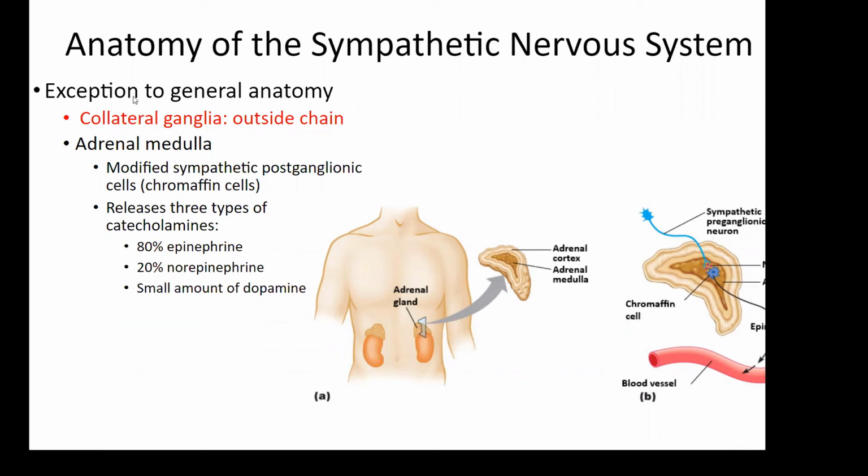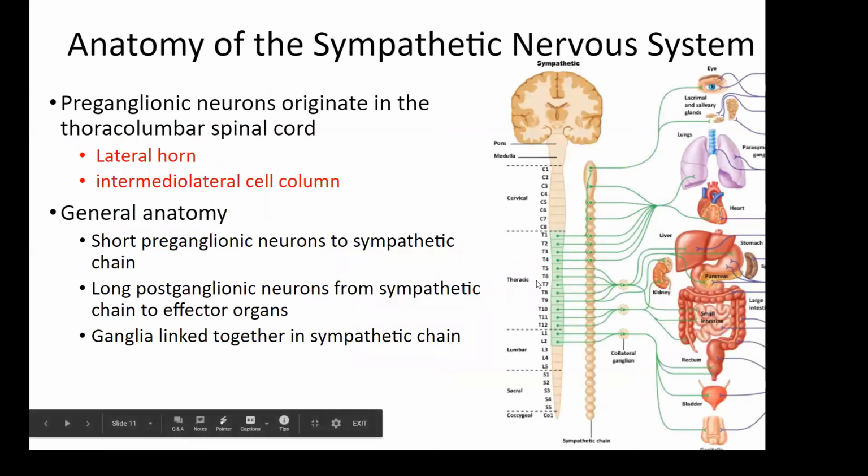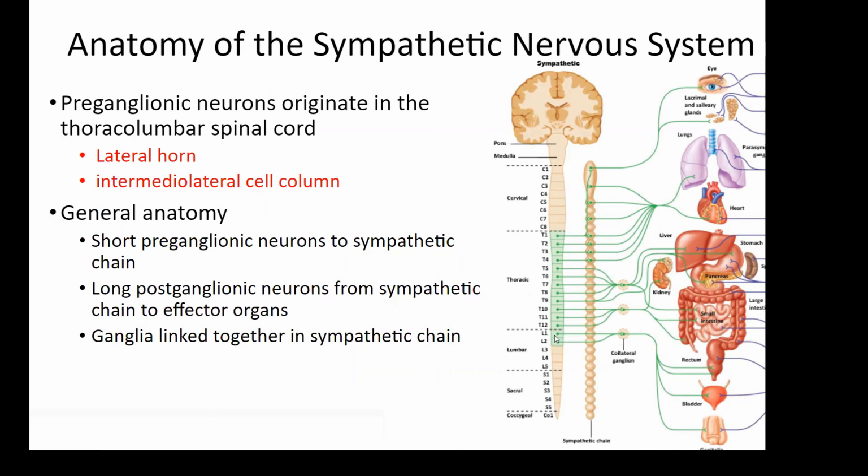Sometimes we are going to have ganglia that are not in that sympathetic chain. These ganglia work basically the same. We'll have a preganglionic neuron coming out of the thoracolumbar spinal cord. It'll go to a ganglion and synapse with a postganglionic neuron. But if that ganglion is not one of those in the chain, we call it a collateral ganglion. We can see here that this preganglionic nerve from L1, for example, even though the line crossed over the sympathetic chain, didn't do anything in there.